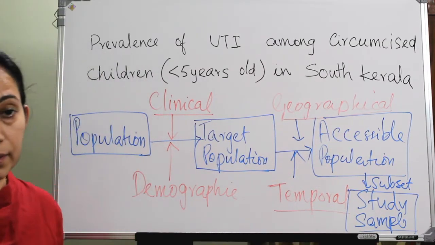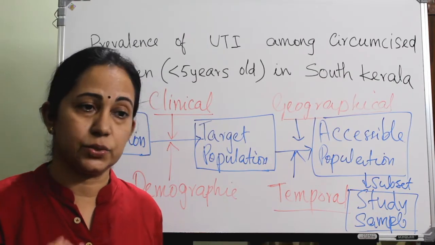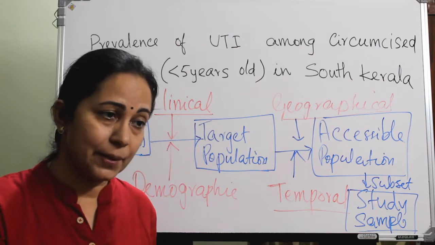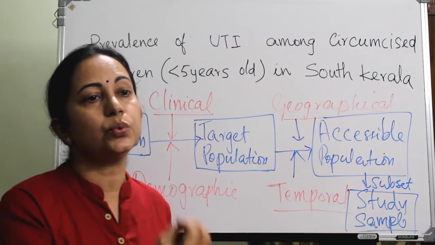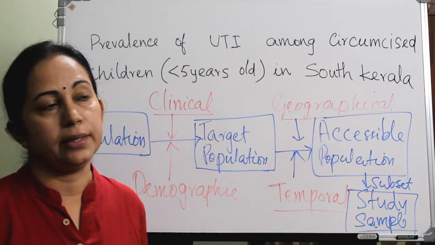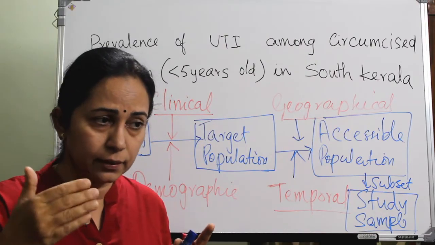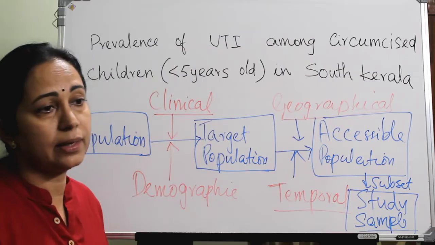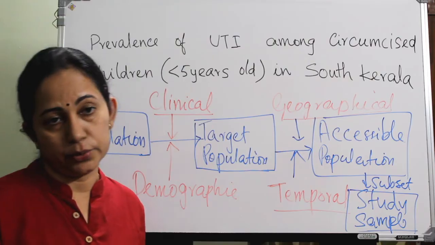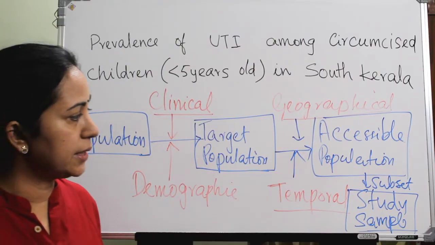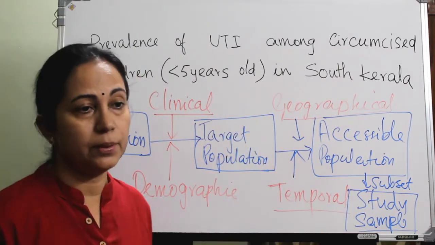Okay, the main bigger one becomes the target, and when we can access that, shortened or summarized or filtered to our approachable area, that becomes the accessible population, and that should have the setting, that is the geographical association, and also the time length or the temporal association. That becomes the accessible population, and actually your study sample is a subset of this accessible population.